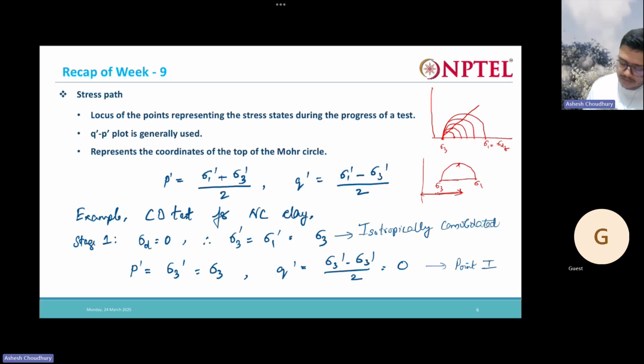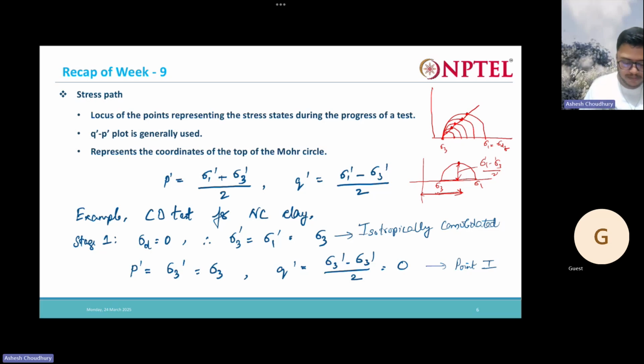And this is nothing but sigma 1 minus sigma 3 by 2. So this represents the coordinates of this point. So p prime is equal to sigma 1 prime plus sigma 3 prime by 2, and q prime is sigma 1 prime minus sigma 3 prime by 2.